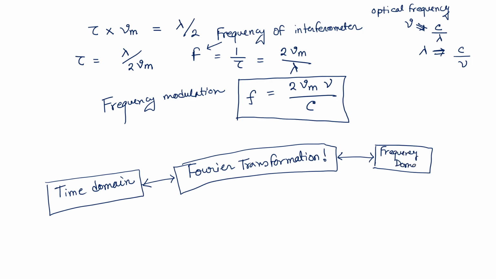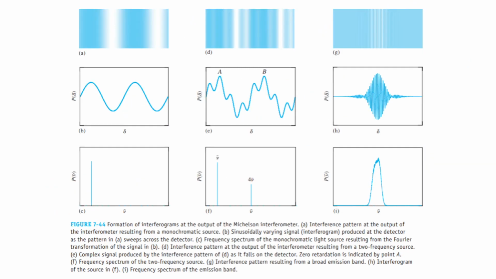I'll just show you an example in the next slide, and we'll finish by that. As you can see, if you have a monochromatic light in the frequency domain, a single frequency, then you are going to have a cosine wave with a single frequency, right?